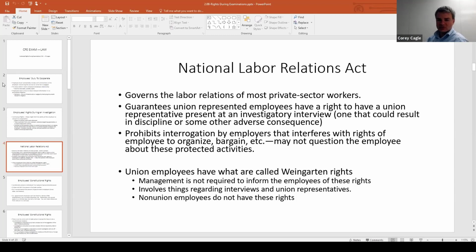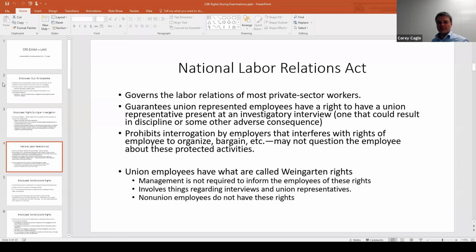But anyway, the National Labor Relations Act, as is in its title, governs the labor relations of most private sector workers, right? Not public sector government workers, but private sector workers. It guarantees that union represented employees have the right to have a union representative present at an investigatory interview that could result in some kind of discipline or some consequence. It prohibits interrogation by employers that interferes with the rights to organize, the rights to bargain, union type things.